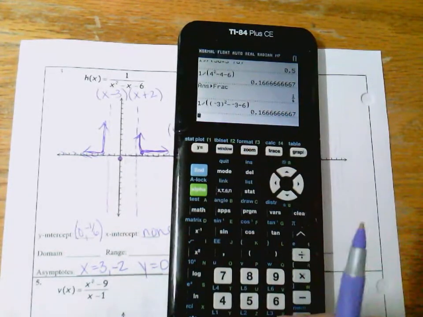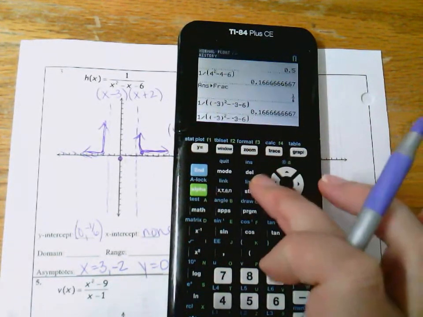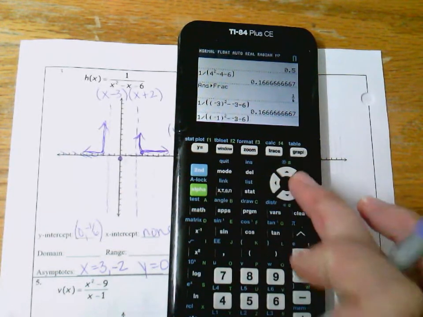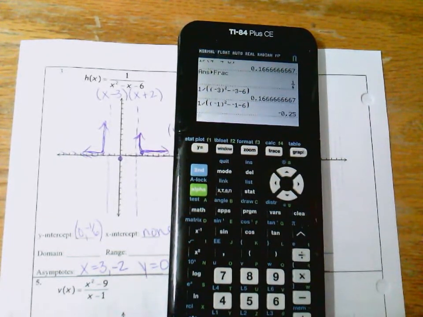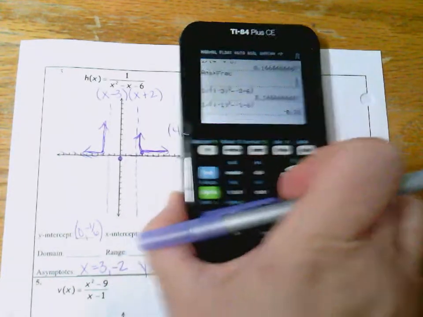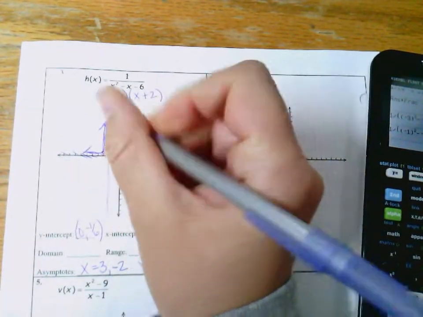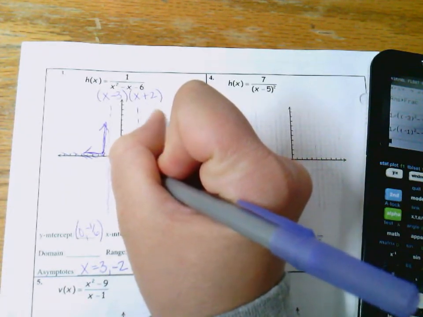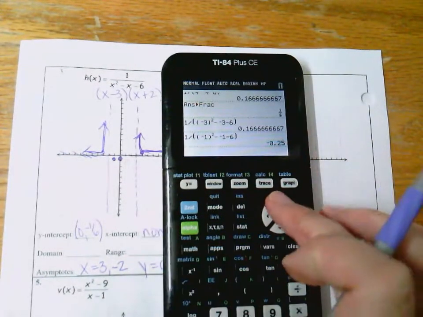So if I plug in, I'm just going to change these values to -1. So -1/4. So at -1, I'm at -1/4. And what about at +1?